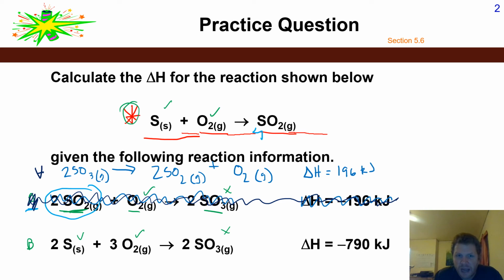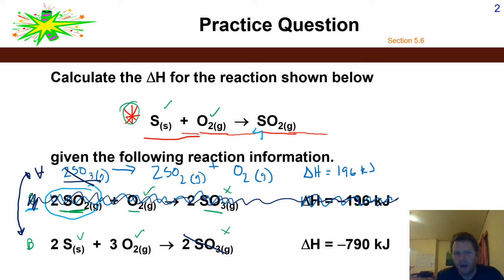For my flipped reaction A, I've got 2SO3, and I'm going to combine this flipped A and B with one another. I've got SO3 as a reactant, and lo and behold, in reaction B, I've got 2SO3 as a product. So what do you know? Those two are going to cancel out. What are going to be the remaining reactants?